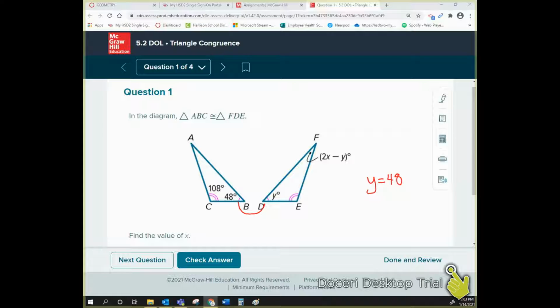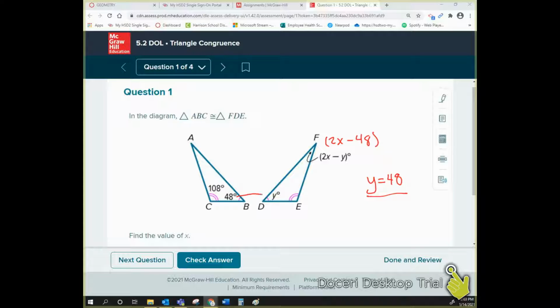So y is 48. Now that I know that, I can start focusing on this angle F that has the x in it. I'm going to rewrite this now. Instead of 2x minus y, because I know that y is 48, I'm going to write this as 2x minus 48. Okay. Now we can use the same strategy.